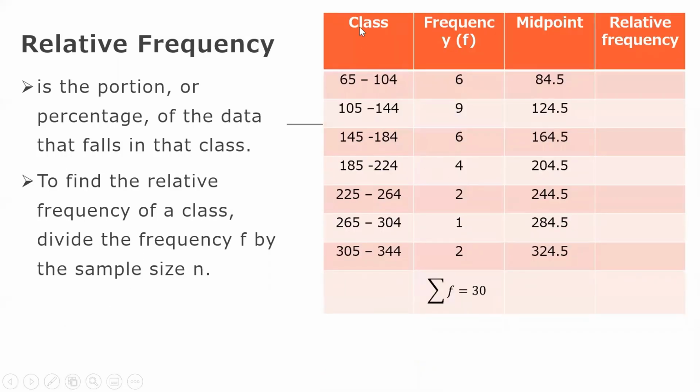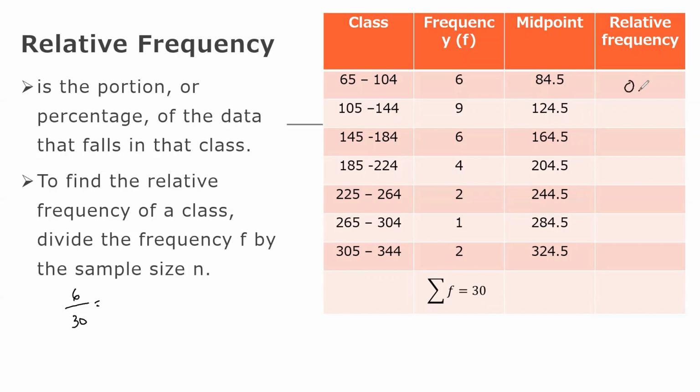So let's have this. The classes again, we're going to use the same example, the frequencies, and the midpoints, so we have 84.5 up to 324.5. To find the relative frequency, we have here 6, the frequency for the first class. We have 6 divided by 30. This is our n. So 6 divided by 30, that is 0.2.